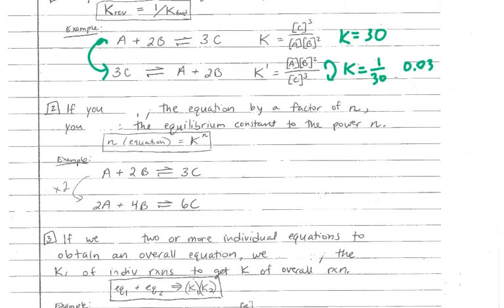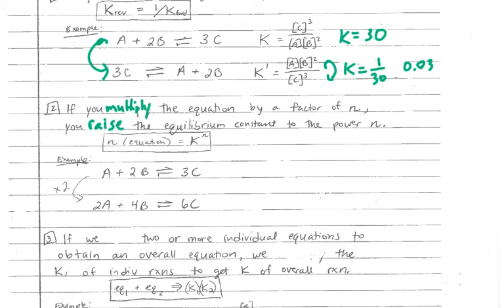All right, number 2. The second rule is that if you multiply the equation by a factor of n, 1, 2, 3, whatever, then you raise the equilibrium constant to the power of n.